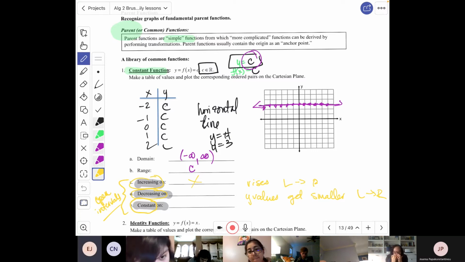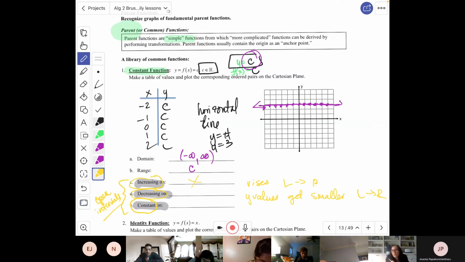So over what interval does this function stay constant? Over what interval does this function stay constant? Can anybody tell me? 3.